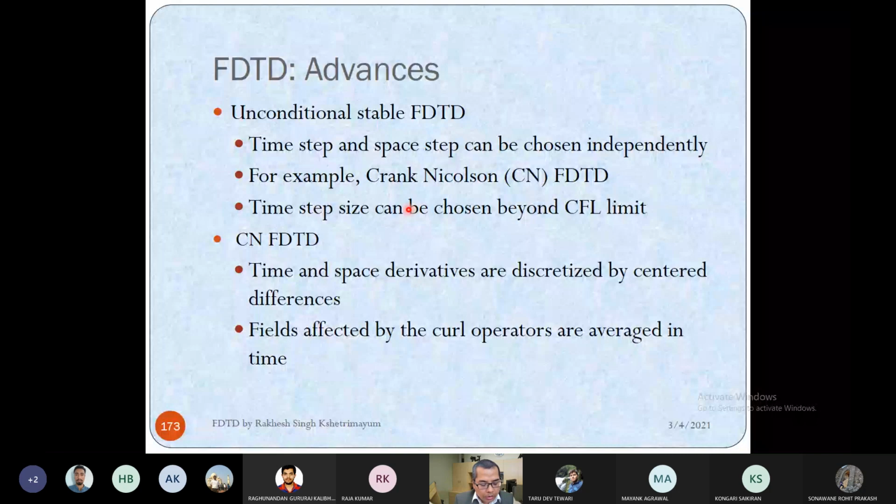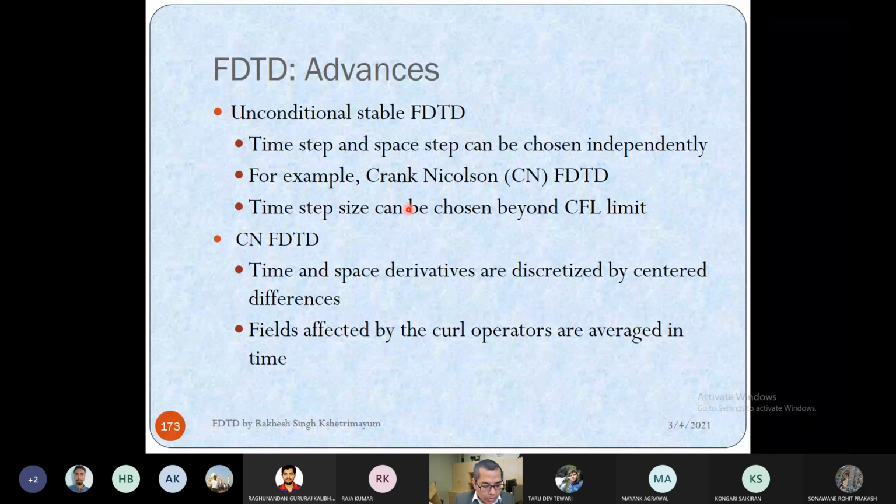This kind of FDTD is not bound by the courant stability criteria. You can take delta t arbitrarily large so that your simulation time will become very small. So the time step size can be chosen beyond the courant stability limit.